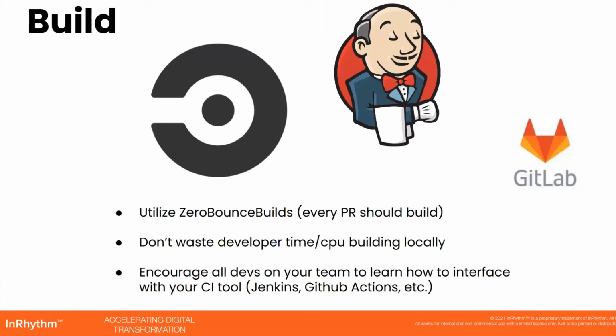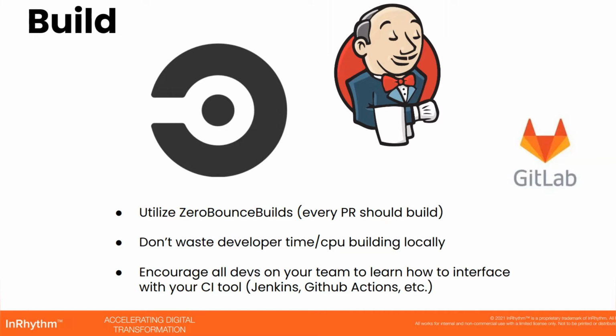I think it's important to utilize zero bounce builds, or ZBB. You might have seen this acronym and not really known what it was. Something might have marked one of your pull requests as declined because it decided that it didn't build. And I think this should happen on every single PR.